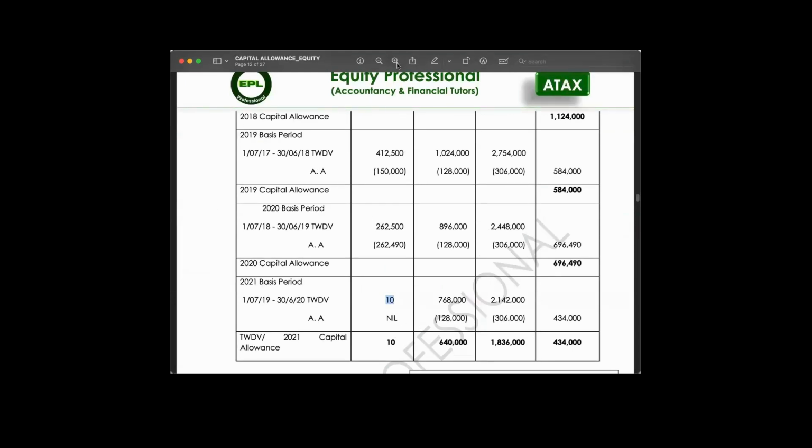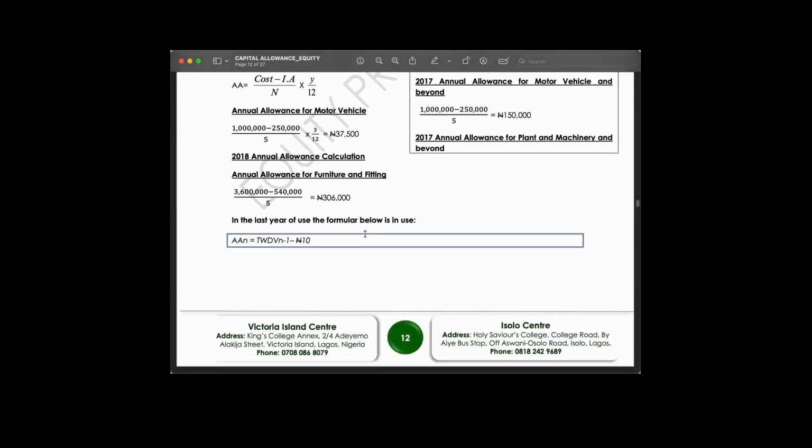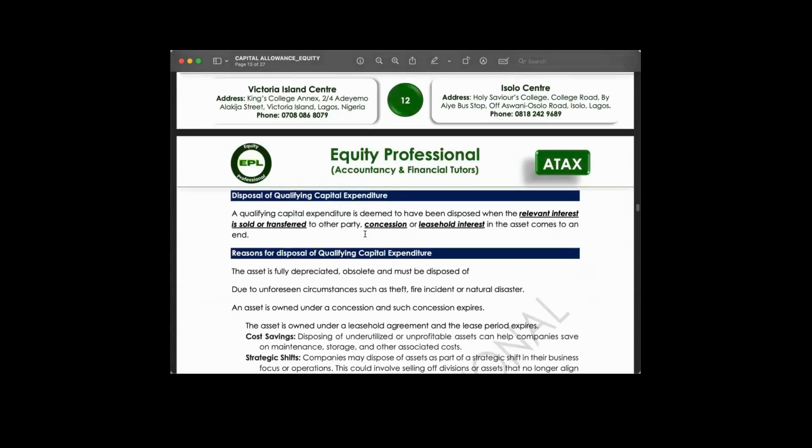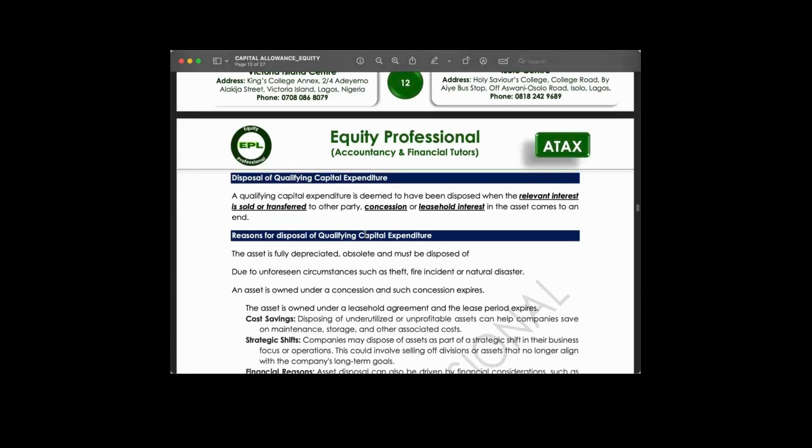Any other question? Now, having said that, we need to also talk about when an asset is disposed. Disposal of an asset will come when you dispose or sell the relevant interest in the assets to other parties.